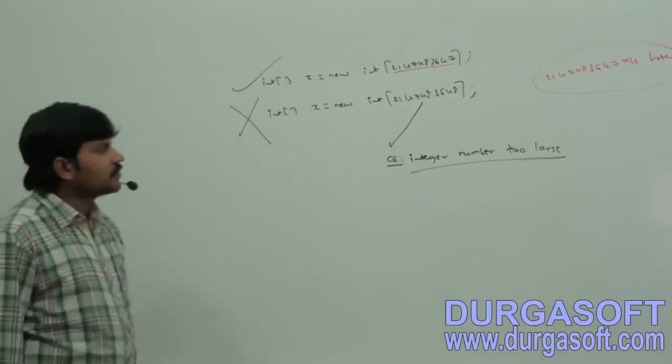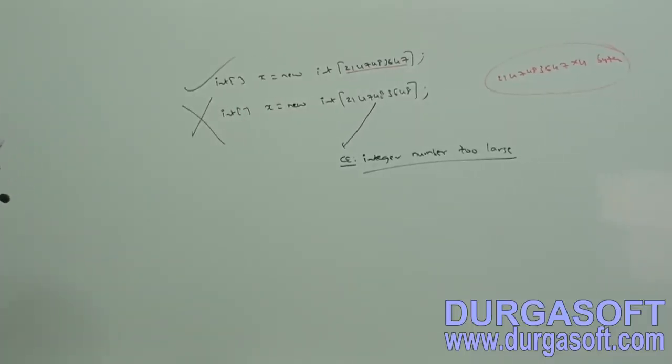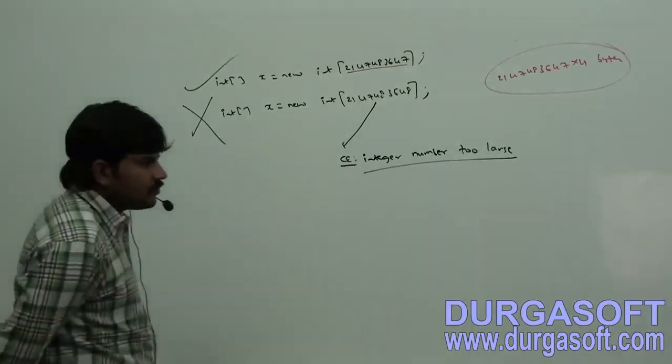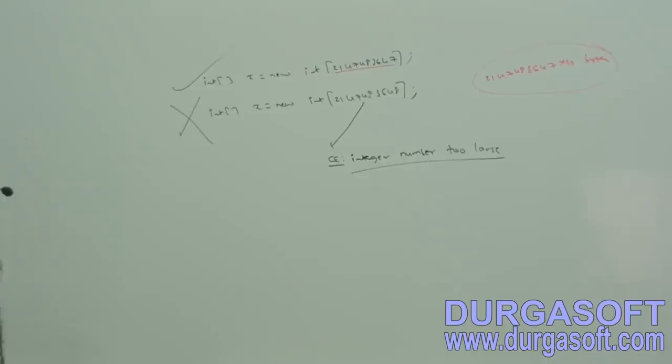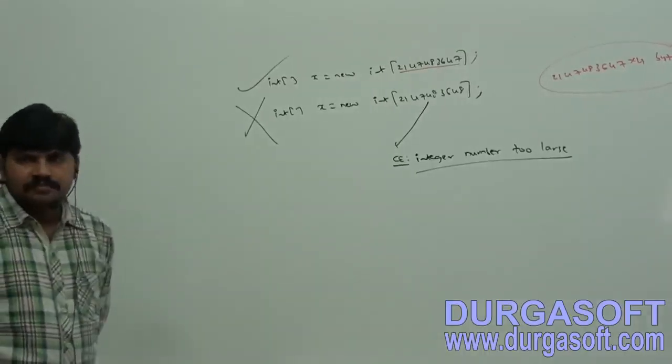Take both examples: the first one is valid, but the second one is invalid, with integer number too large, like a compile time error. But of course, if sufficient memory is not available, even in the first case we will get a runtime exception.